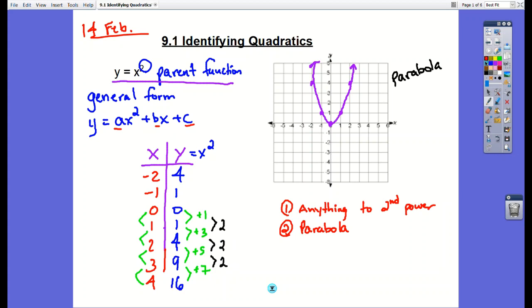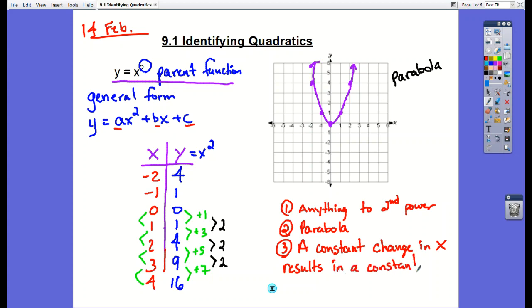So the third way to tell that you have a quadratic is that a constant change in x results in a constant second change in y.